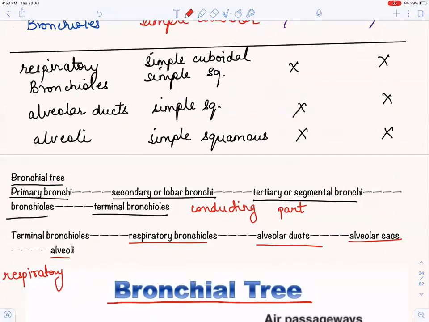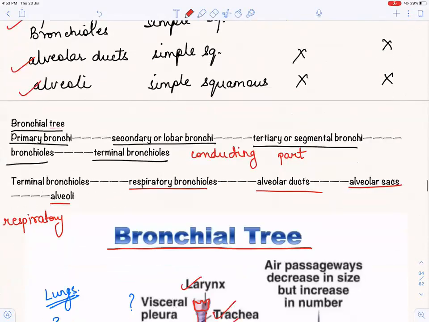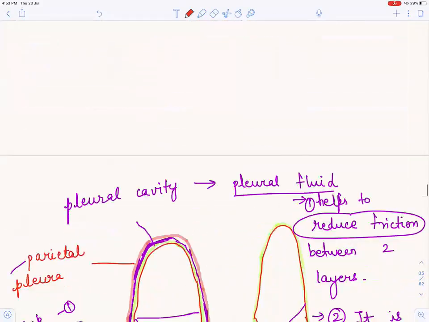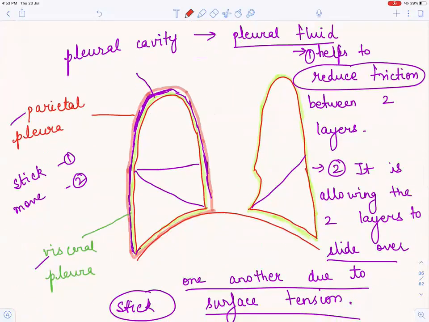We did that in respiratory bronchioles, alveolar ducts, and alveoli. Then we saw a diagram. Then I told you about the visceral pleura, parietal pleura and pleural cavity.